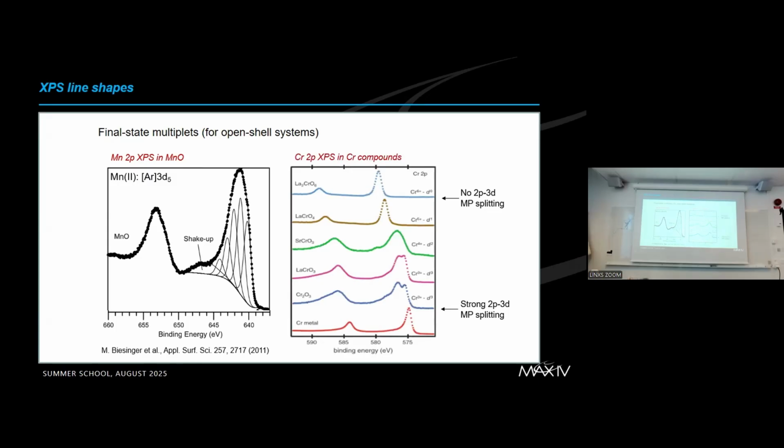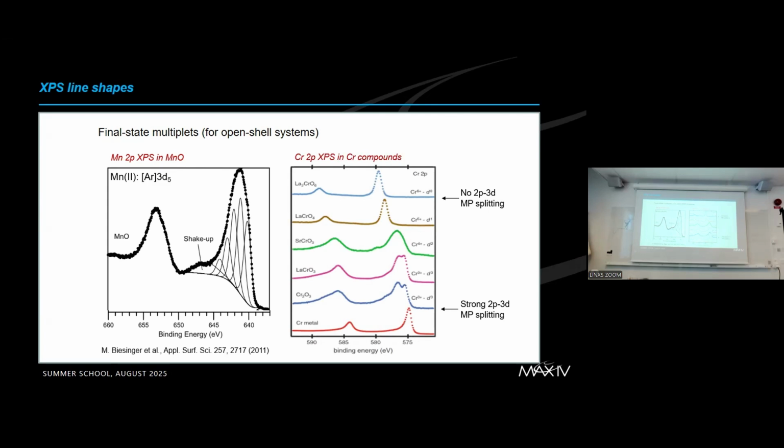It's even better visible here in chromium compounds. We have different chromium compounds here, where the electron configuration of the chromium atom is changing from d0, no d electrons at all, to d3, three d electrons.